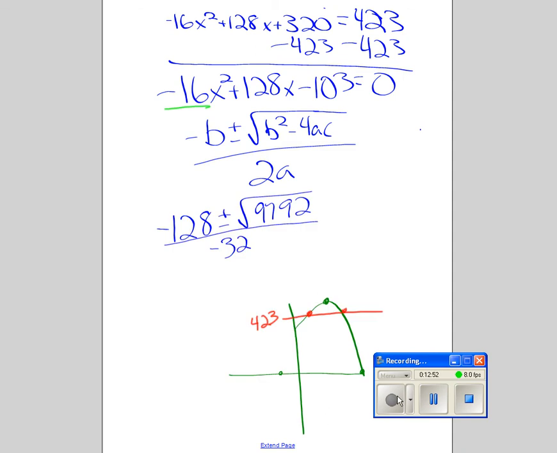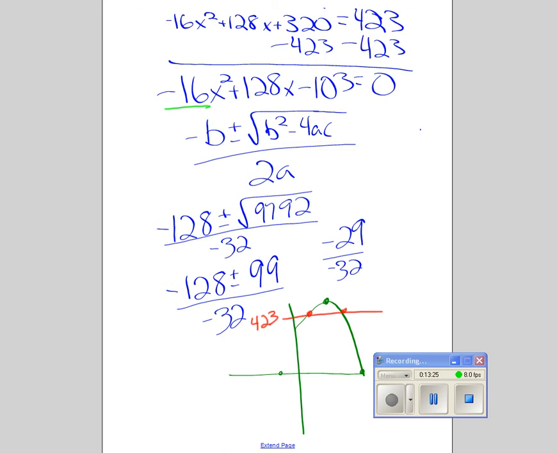Okay, so we worked out some of this. We got this part of the quadratic equation. We take the square root of this huge number. We get negative 128 plus or minus 99 over negative 32. So we can look at our positive answer. What's negative 128 plus 99? That's negative 29 over negative 32. You could leave it like that.